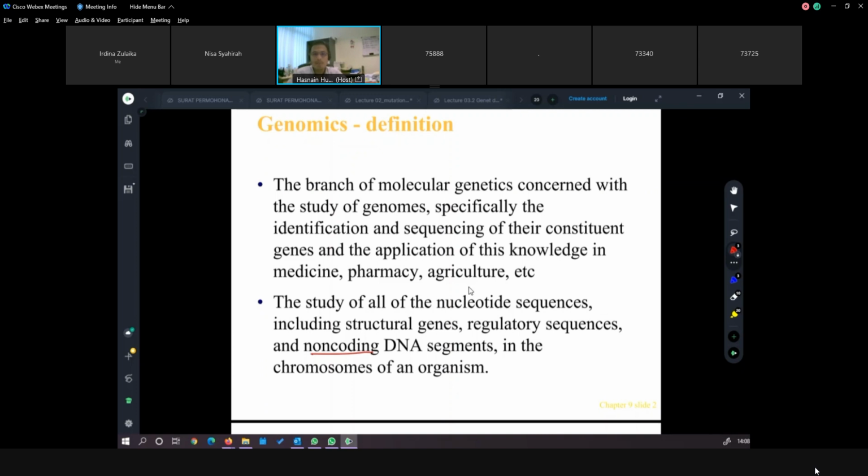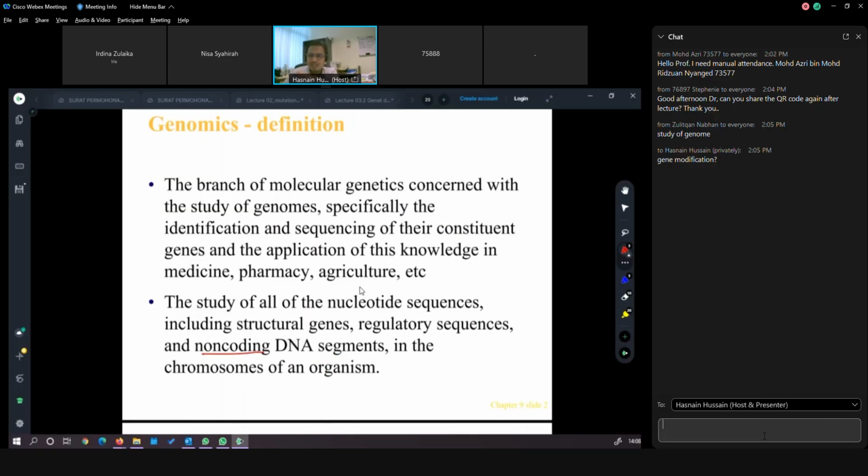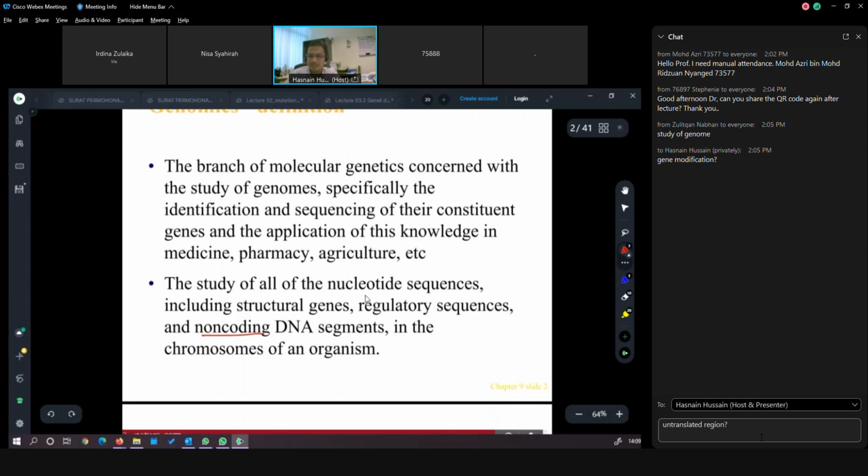So just imagine, if the organism has DNA in all chromosomes, and we want to study that, then we are studying the genomics. So we are doing the genomic study.